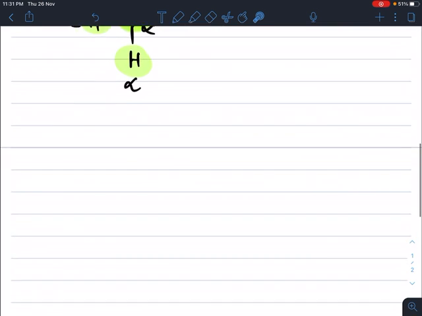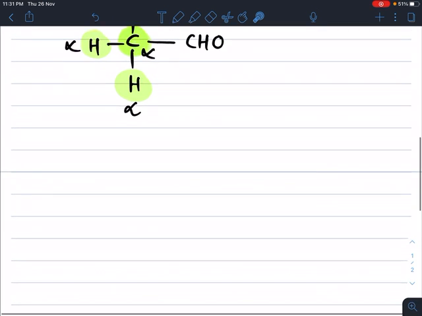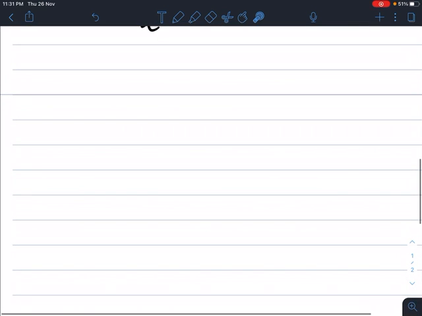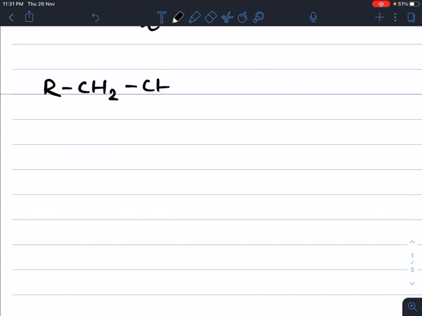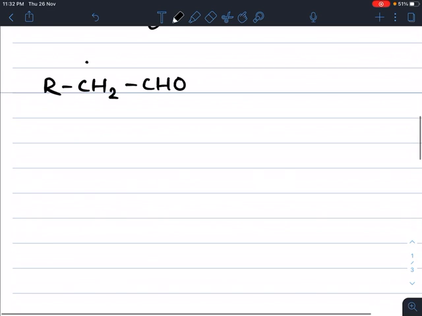So how does the aldol condensation reaction take place? Let's see. Take the general example of an aldehyde, RCH2CHO, in which this is the alpha carbon atom to which these 2 alpha hydrogens are attached.